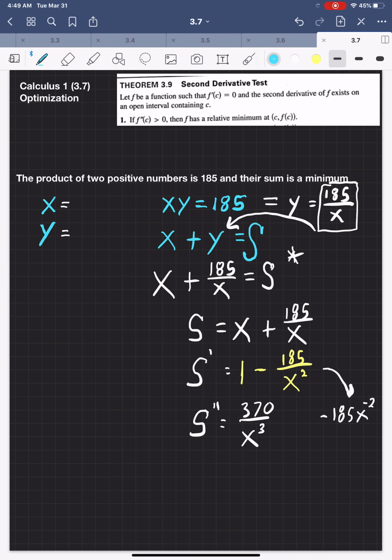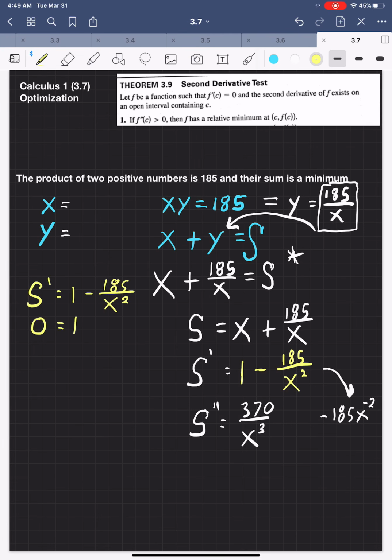Because that's going to be important to our problem. So if I take S prime, which is equal to 1 minus 185 over x squared, let's set that equal to 0.